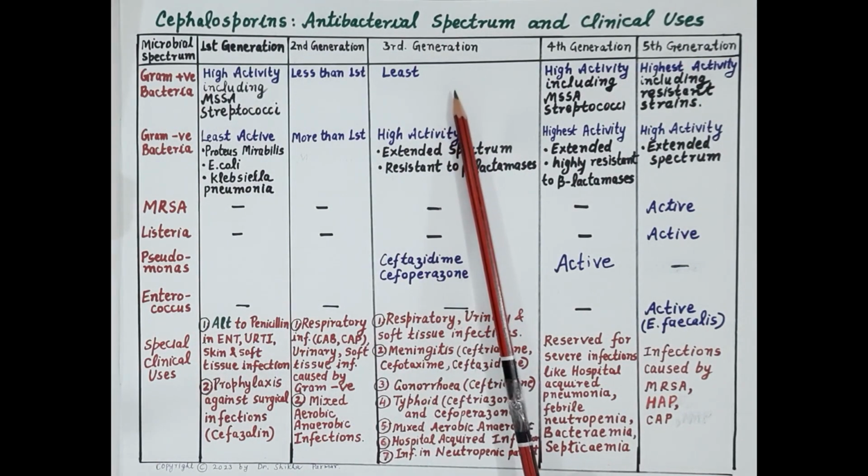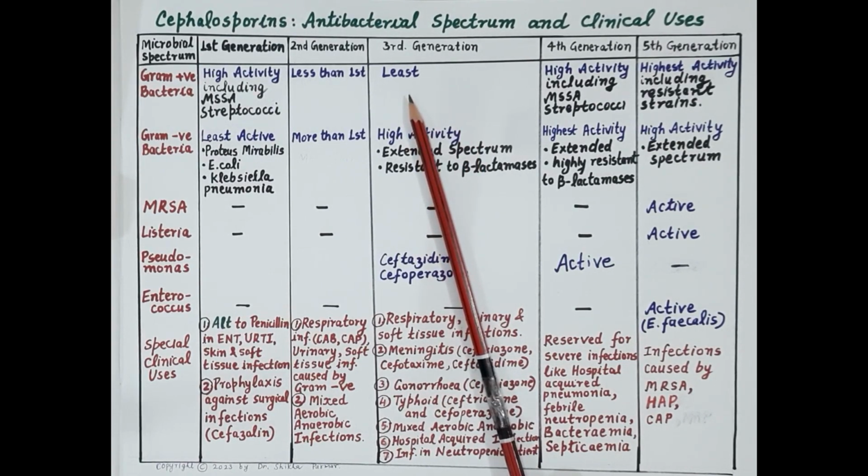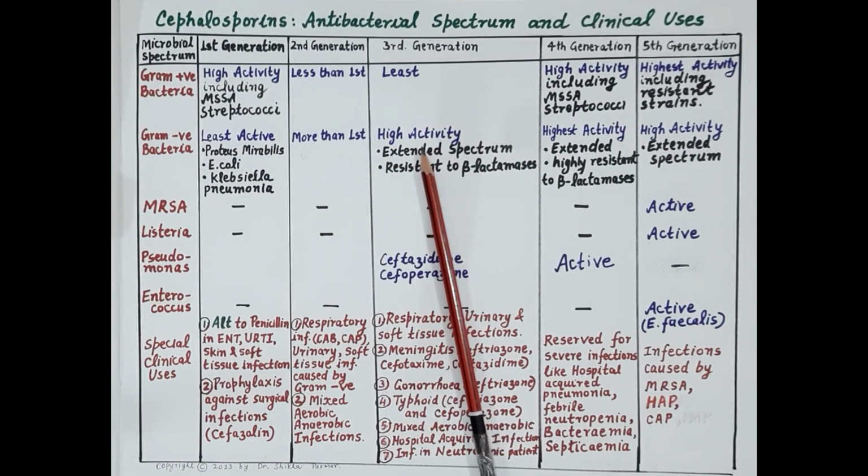Now talking about the third generation, cephalosporins are the least active of all cephalosporins against gram-positive bacteria. However, they show very high, excellent activity against gram-negative bacteria.